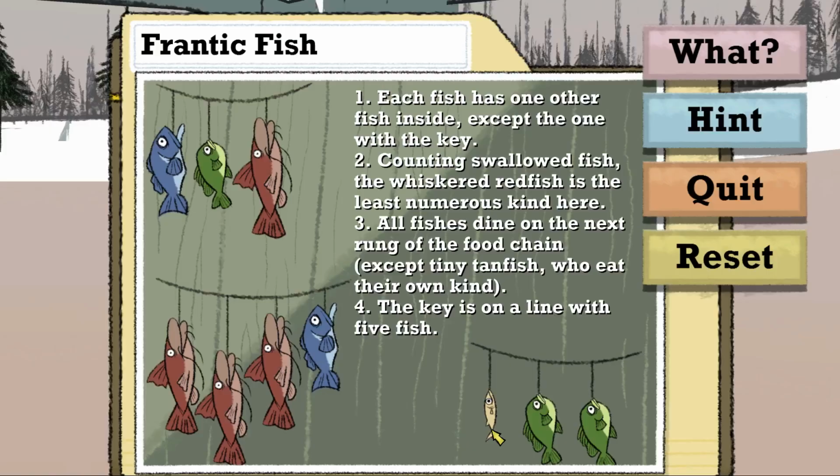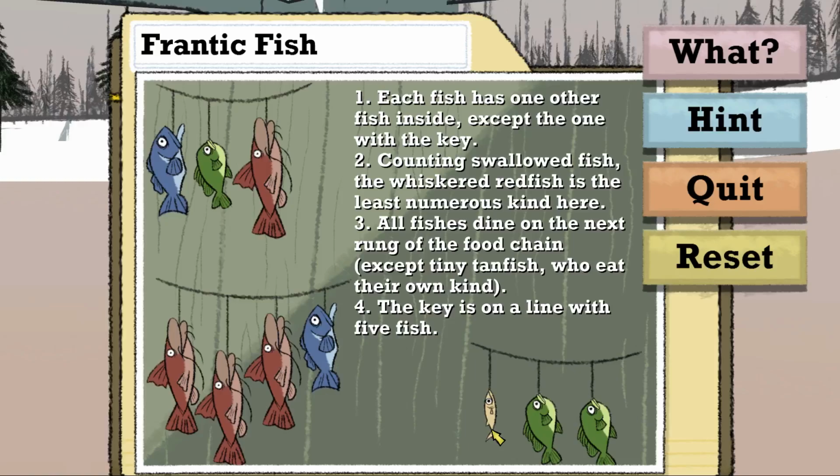All fish dine on the next rung of the food chain. By that concept, that means every red fish is going to go red, blue, green, white. Except for the tiny tan fish who eat their own kind, which would then mean there'd be an infinite loop of tan fish.